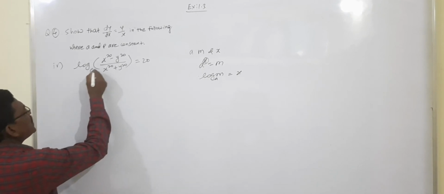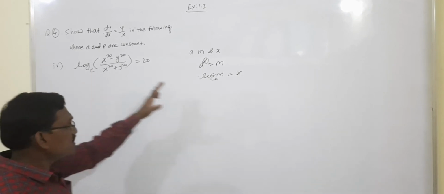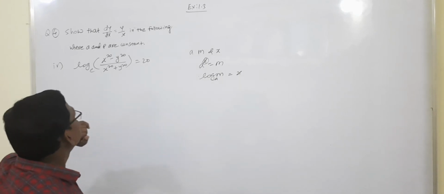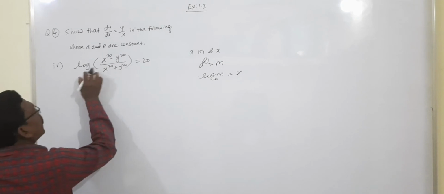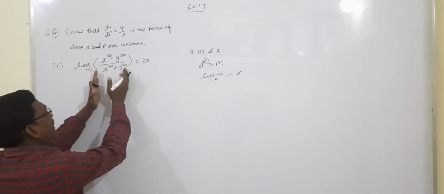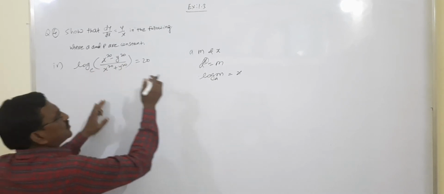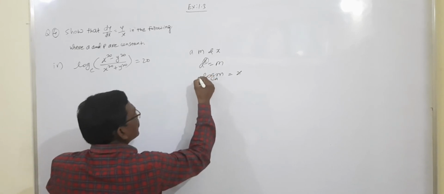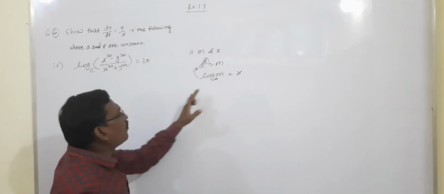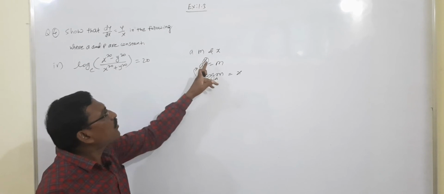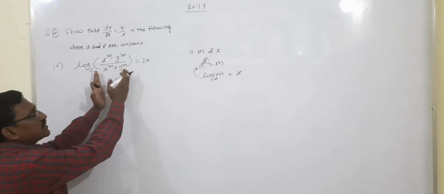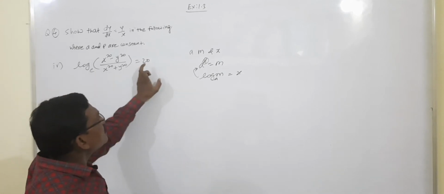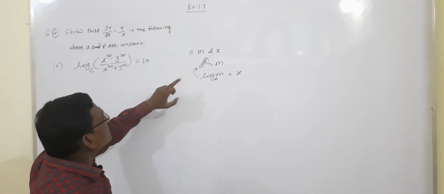So by using this definition of logarithm, log m to the base e equal to x, so we write it in exponential form. It is a to the power x equal to m. So m means this bracket, and x means here it is 20.